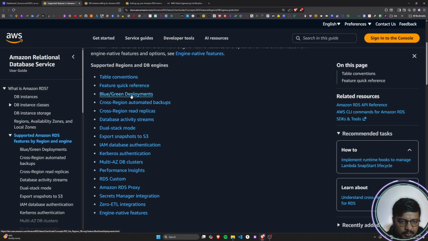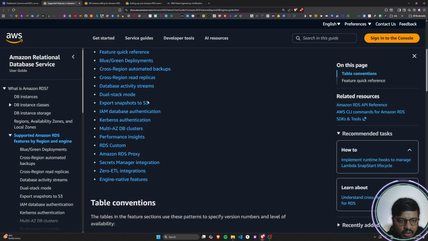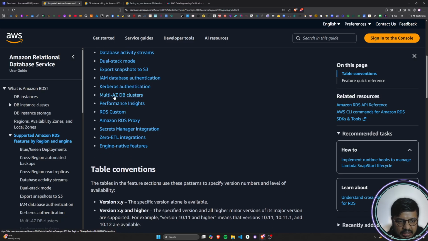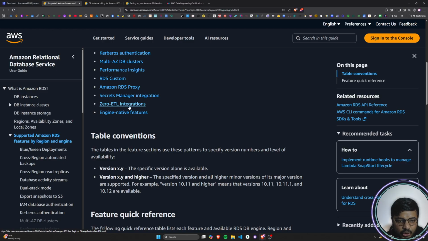Feature quick references: blue-green deployments, cross-region automated backups, cross-region read replicas, database activity streams, dual stack mode, export snapshot to S3, IAM database authentication, Kerberos authentication, multi-availability zone DB clusters, performance insights, RDS custom, Amazon RDS proxy, secrets manager integration, zero ETL integration, and engine native features.